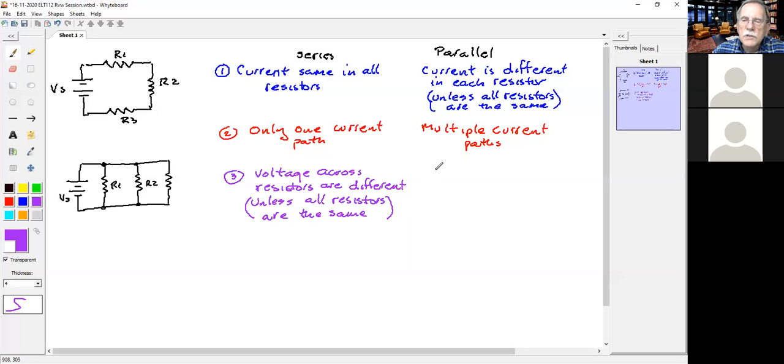In a parallel circuit, the voltage across the resistors is the same.